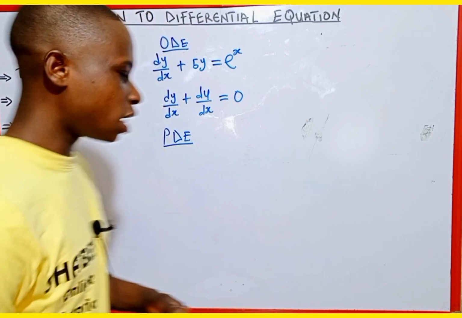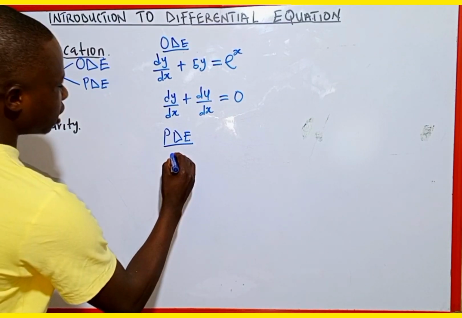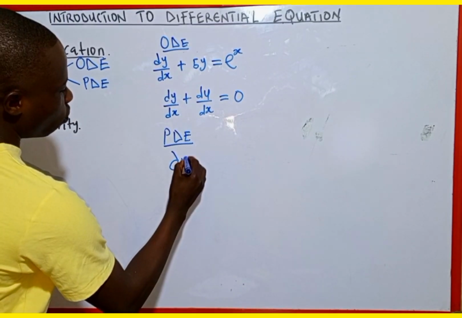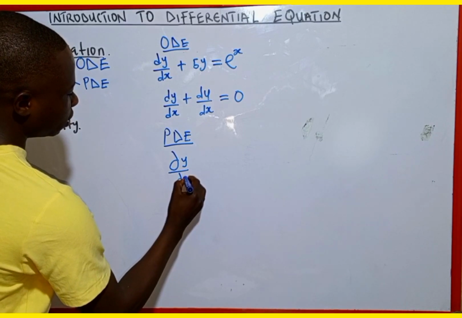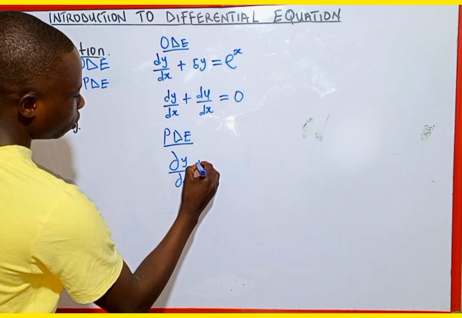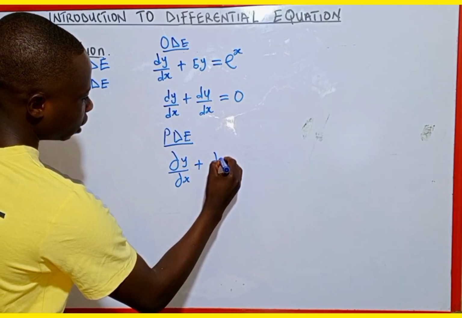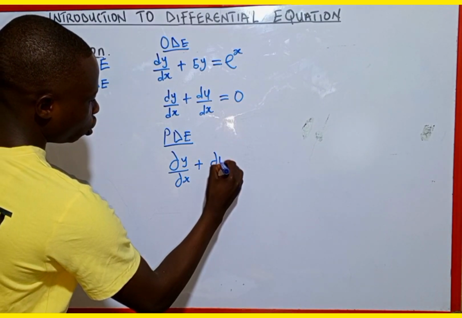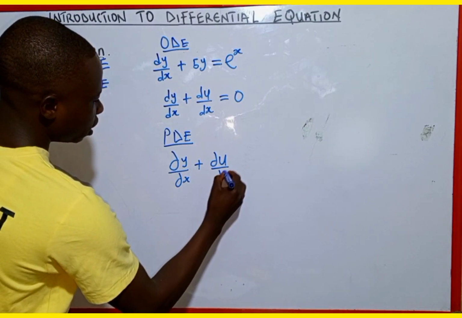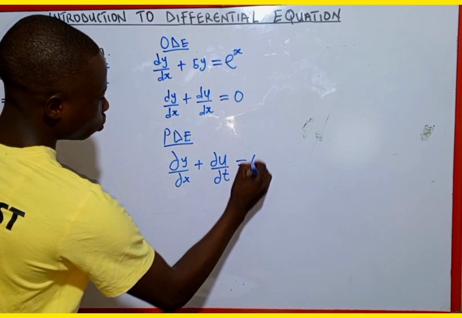So let's see some examples. When you have partial y with respect to partial x, plus partial u with respect to partial t, is equal to 0.